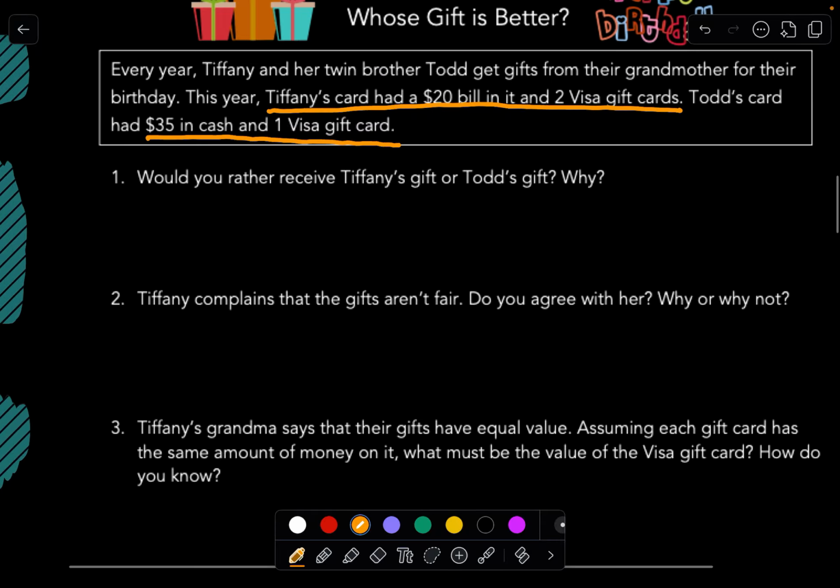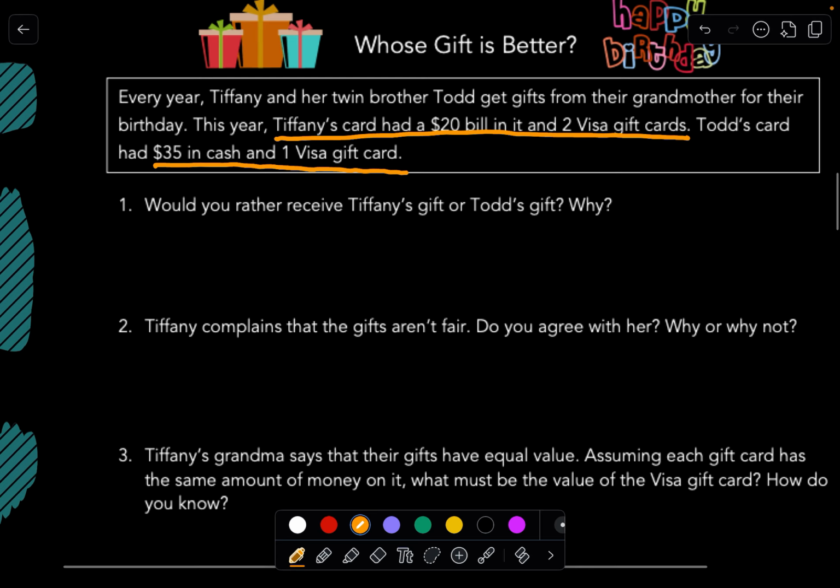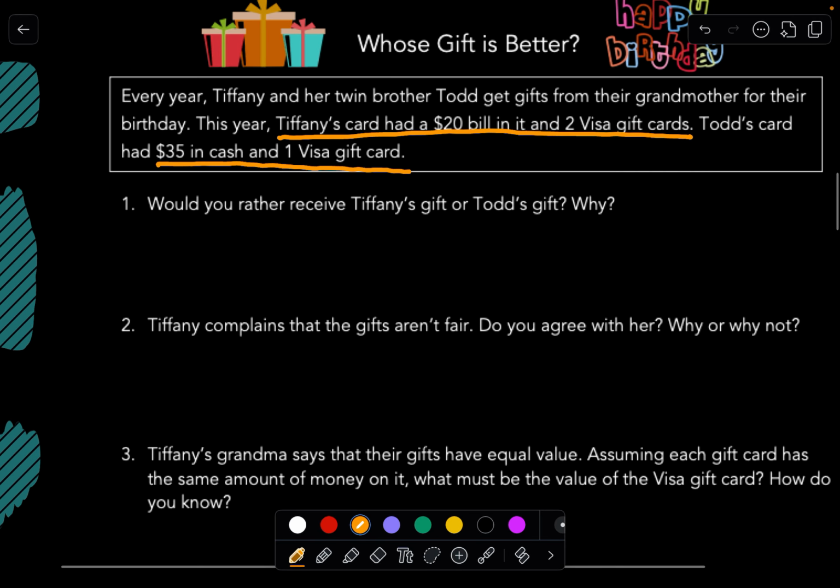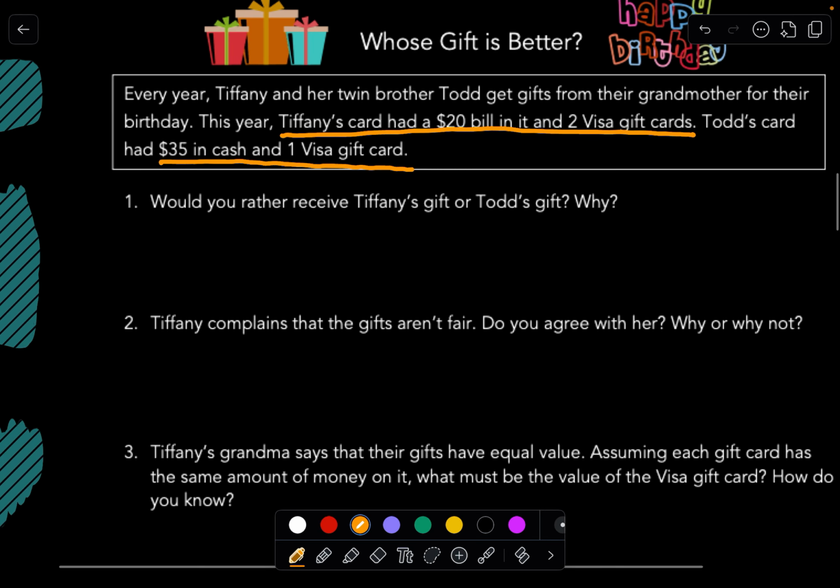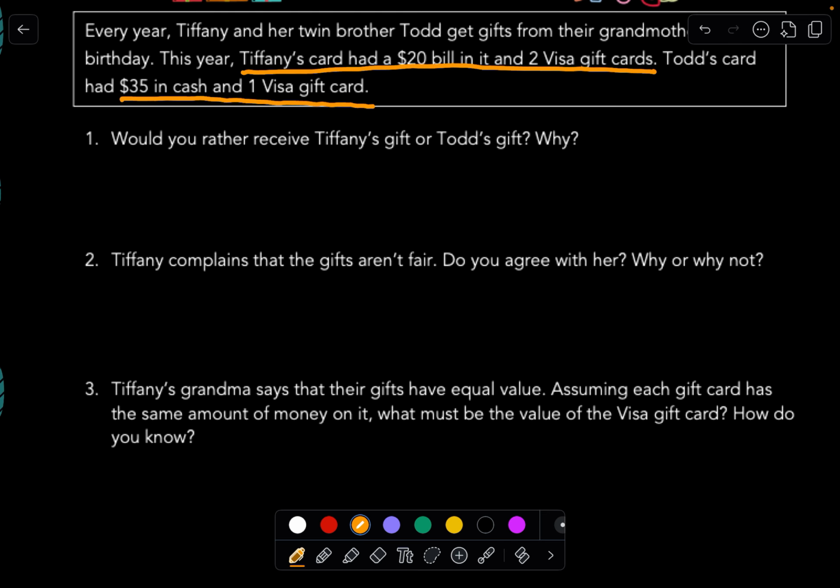I personally don't think Tiffany got swindled, because, hey, I'm a guy and I was my grandmother's favorite, so I see the $35 as being more than my sister's, so that makes me happy. Again, that's pretty open-ended.